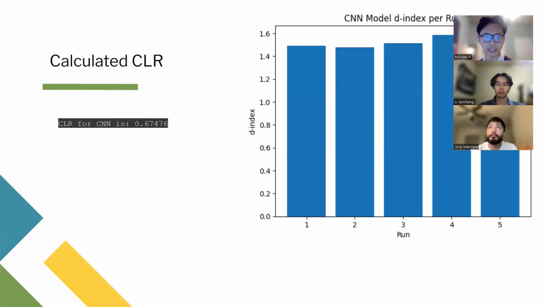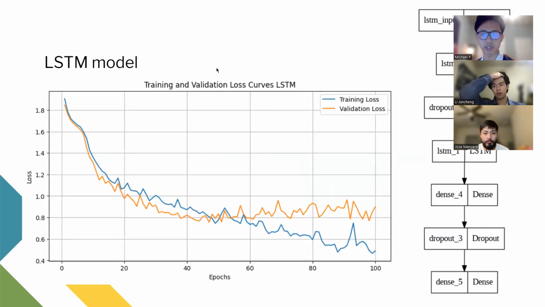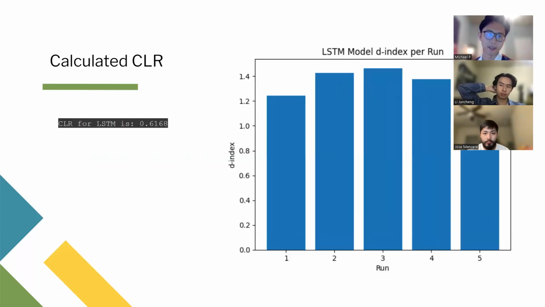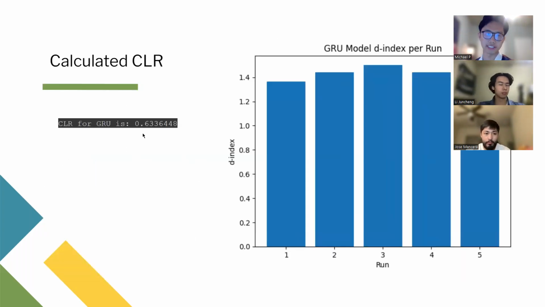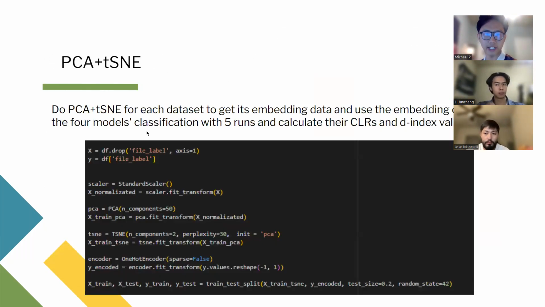The CNN model right here didn't do as well as the DNN, 0.67, which is all right. On the right, the D index score is above 1.5, which is pretty good. And the long short-term memory model has an accuracy of 0.61, and the GRU is slightly higher, 0.63 here.